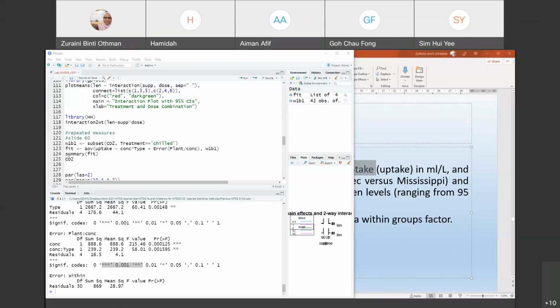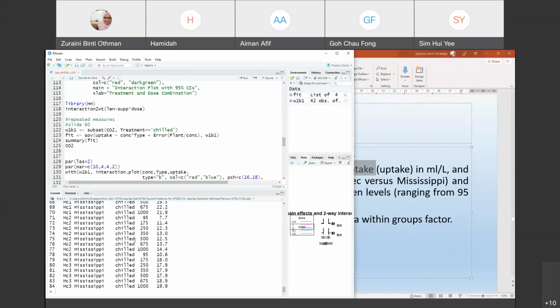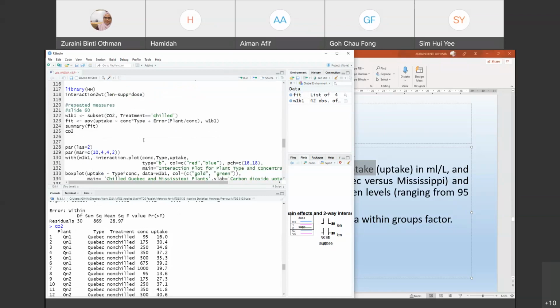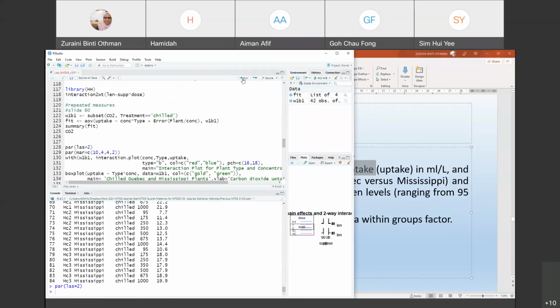How can we see it? This is the carbon dioxide data, where we have the concentration and the carbon dioxide uptake that we get from each concentration. And here we want to see the interaction between Quebec and Mississippi. How can we see the interaction between the two places?